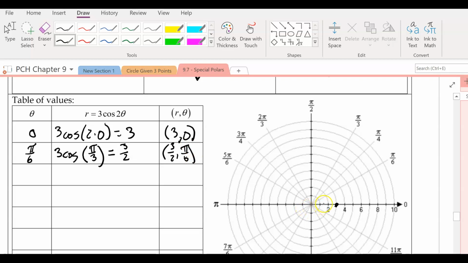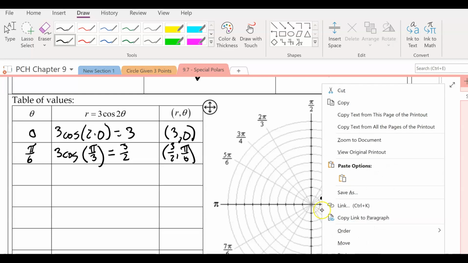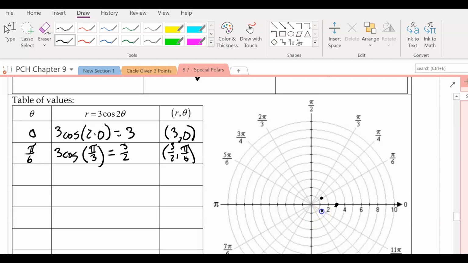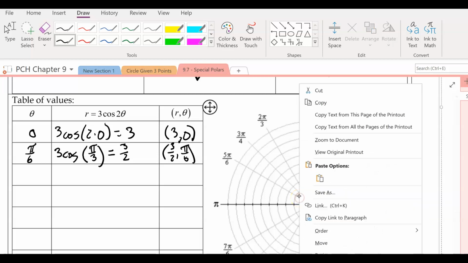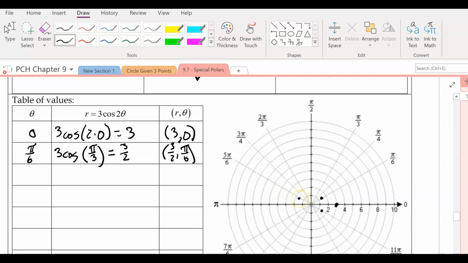So we're going to go about 1.5 and rotate to pi over 6 right there. Alright, so at this point, I can reflect it over both axes. So I'm going to reflect it down here. And I'm going to reflect it over theta equals pi over 2 to right there. There we go. Okay.